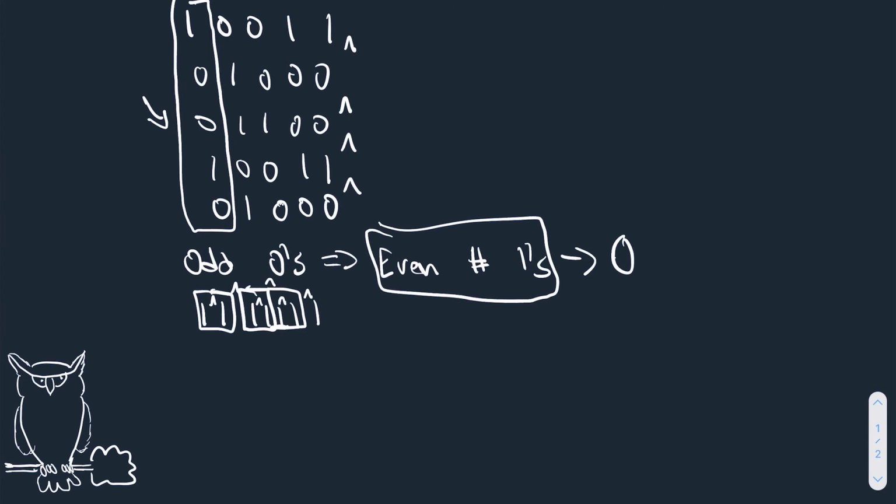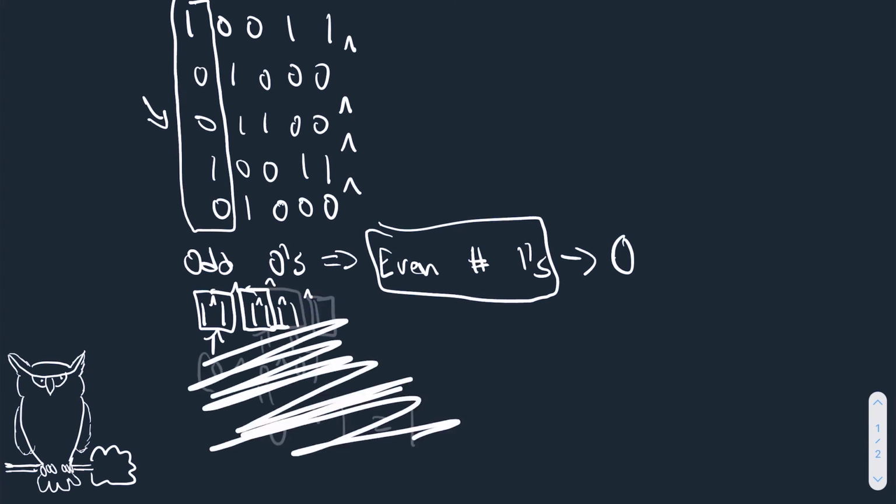Now, for each pair of 1s, what they evaluate to is 0, 0, 0. Now, 0 XOR 0 just produces 0. If we had an even number of 1s, we would just get 0 over here. But if we perform the XOR operation with an odd number of 1s, now we have 0 XOR 1, which is equal to 1.